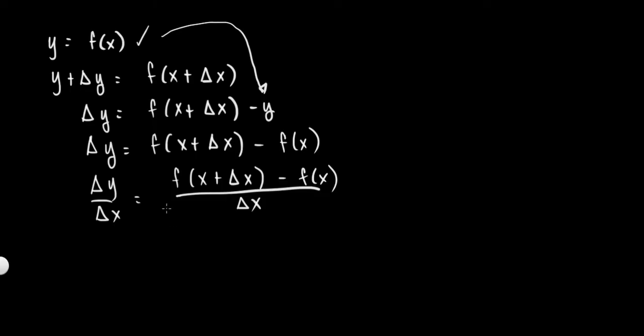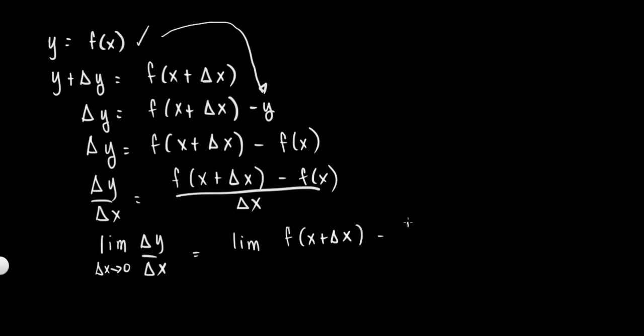If we say x is fixed and we let delta x vary and approach 0, we can then write this as the limit of delta y over delta x as delta x approaches 0 is equal to the limit of f of x plus delta x minus f of x all over delta x as delta x approaches 0.